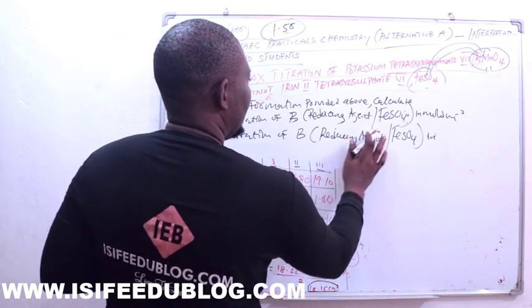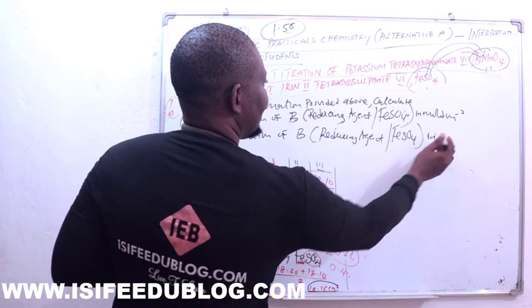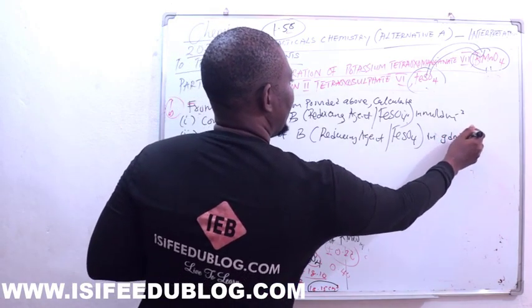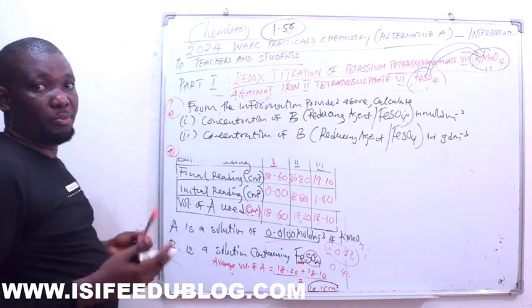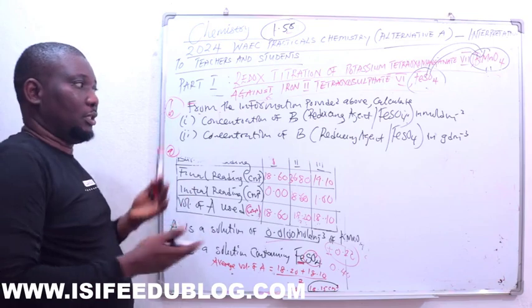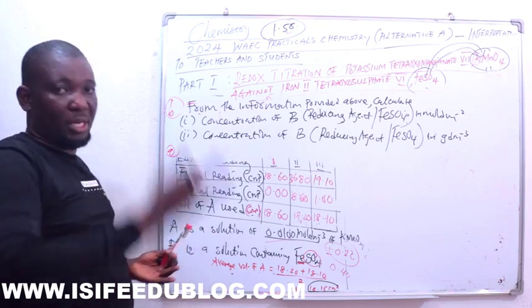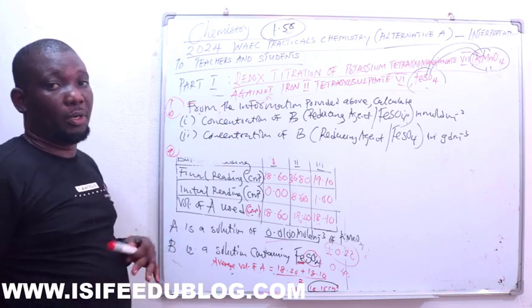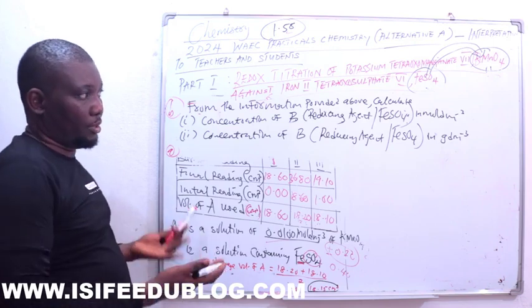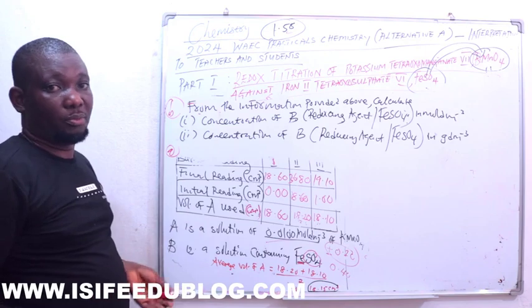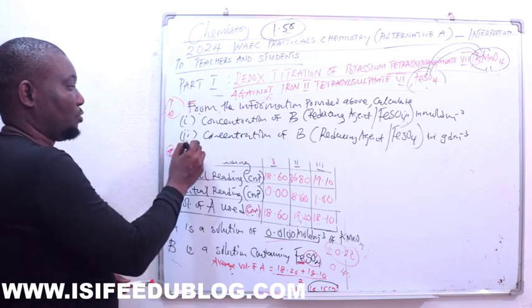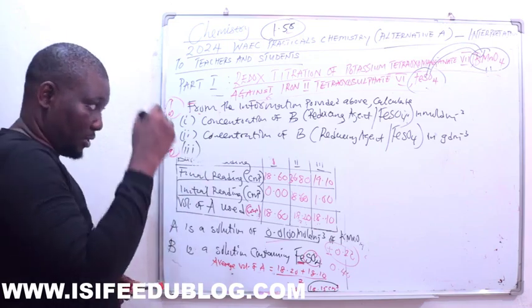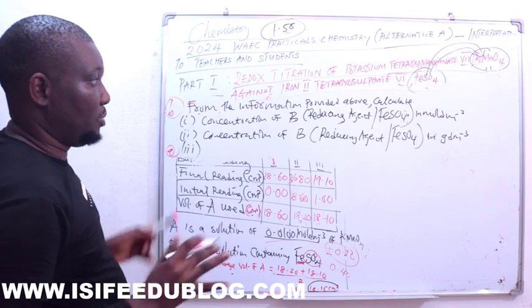So consider the concentration of B, which is also the reducing agent, this time in gram per dm cubed. In the main exam question, everything may be the other way around, everything will be A now, but it's still going to use the same method. Let's do this video based on B this time.